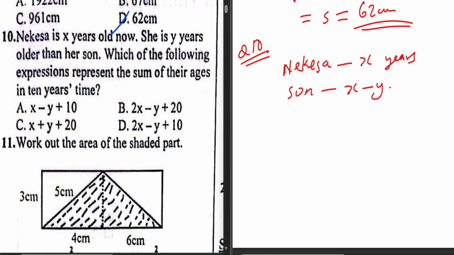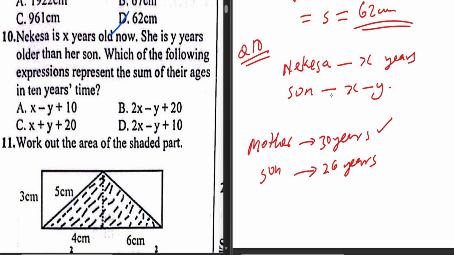Remember, let's take an example. Let's say your mother is 30 years older and the son, which is you, is like 4 years younger, or your mother is 4 years older than you, so it's going to be 30 minus 4 to get the age of the son.